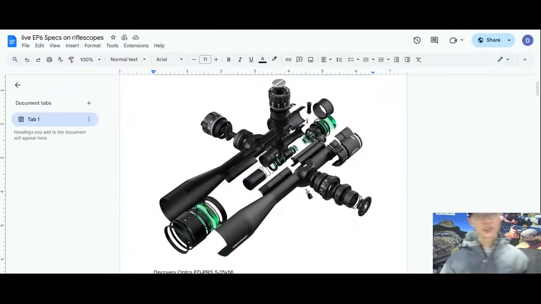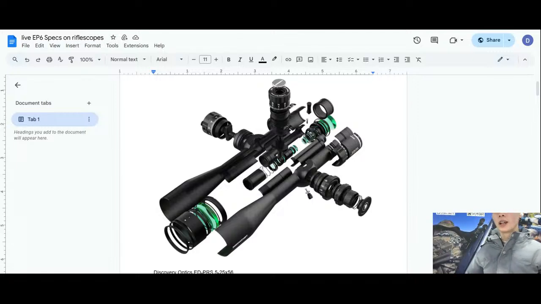At least the people who make the specification charts really don't know what those numbers mean. So I'm probably going to cover those in the next live stream.